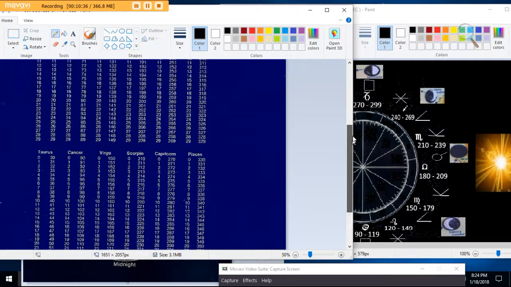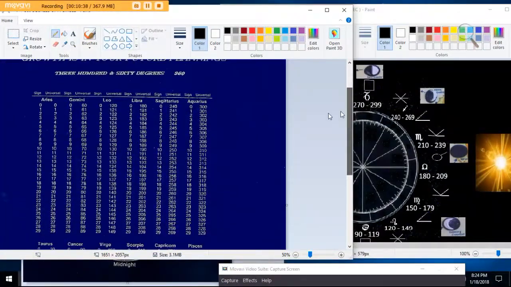So let's go up here again. And the next sign is Gemini. So the sun enters at 0 degrees of that season, and then progressively moves forward within the 360 degree vacuum. Now 0 degrees in Gemini is 60 degrees.